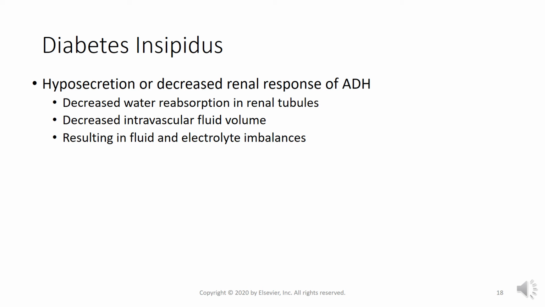If you want to remember, the D in diabetes insipidus is D for decreased ADH. There's not enough ADH. So decreased water reabsorption in the renal tubules, decreased fluid volume, and it's again causing fluid and electrolyte imbalances, especially that sodium.